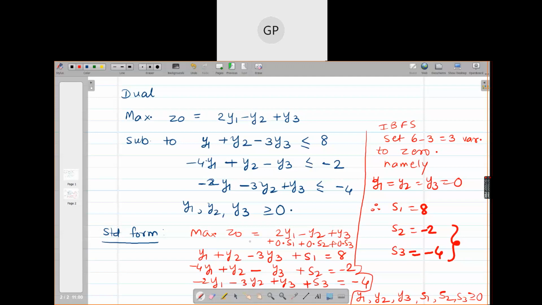They will not affect your objective function's value. Your z is going to be 0 here. You just specify that this IBFS is not non-degenerate. Getting it? Yes or no? Yes, ma'am.